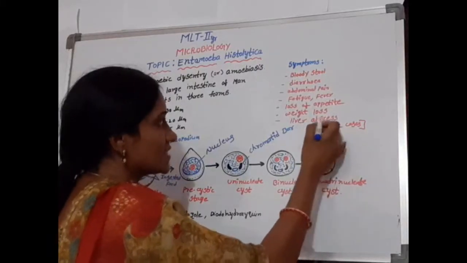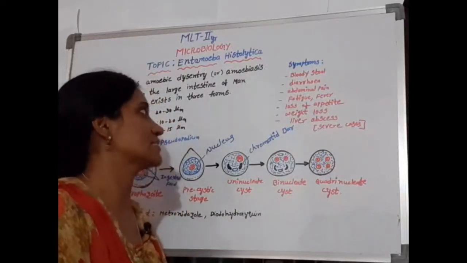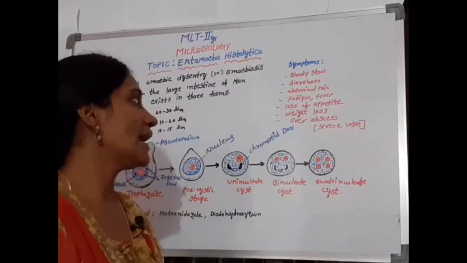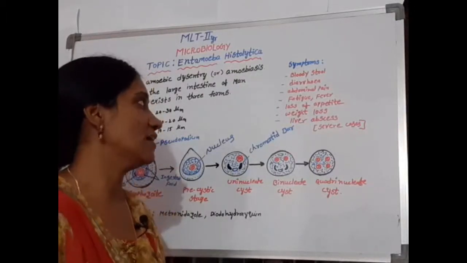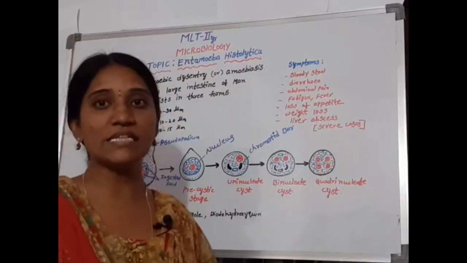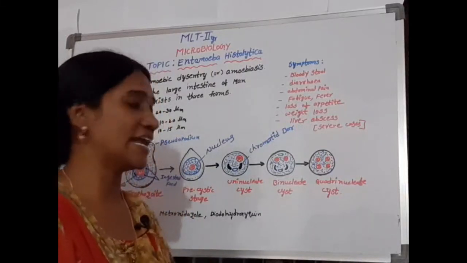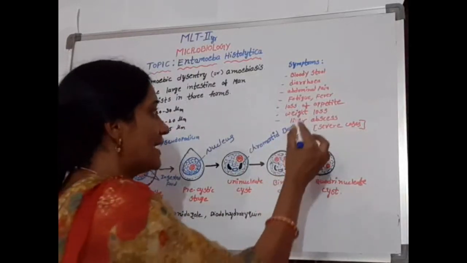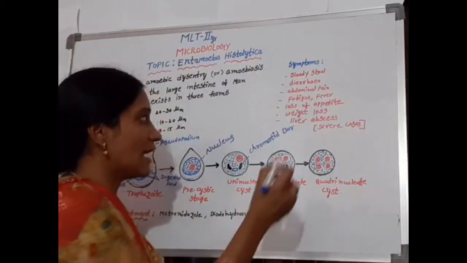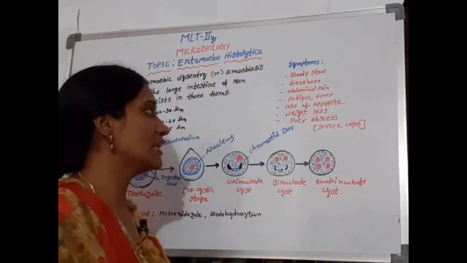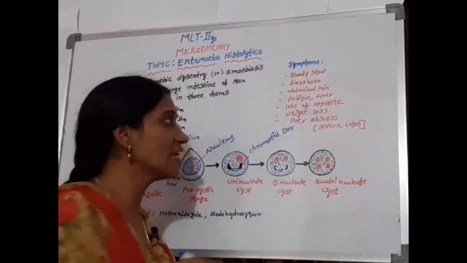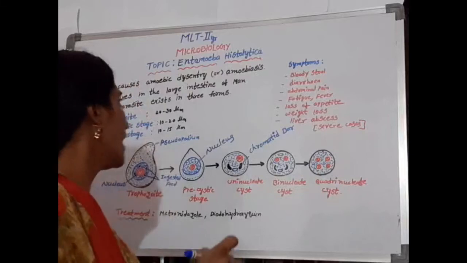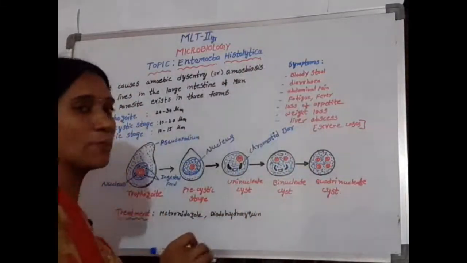In severe cases it causes liver abscess, peritonitis and ulcers. These are the symptoms of amoebiasis.